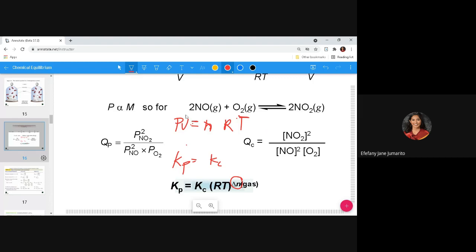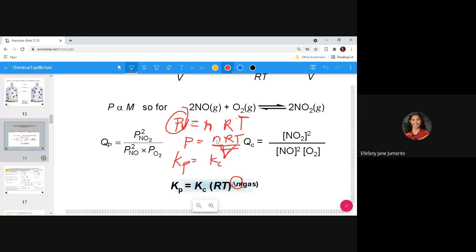Okay. So this is your pressure. That's P. Then we have V here. So P can be equated using this one. P is equal to nRT over V. Now, n over V, that is your concentration.